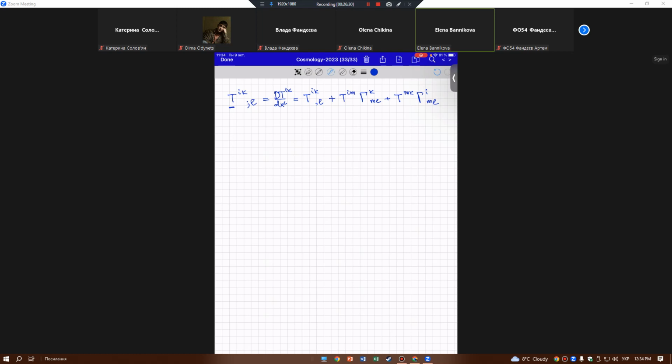You can write it. This is the expression for the covariant derivative of the contravariant tensor of the second rank.